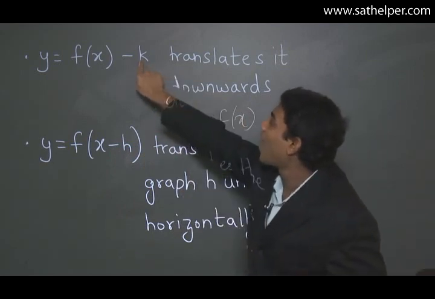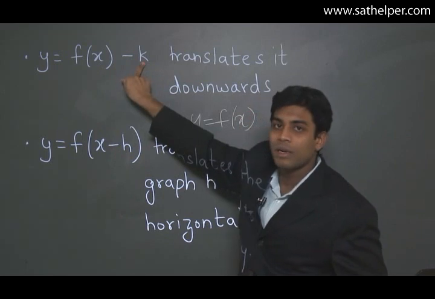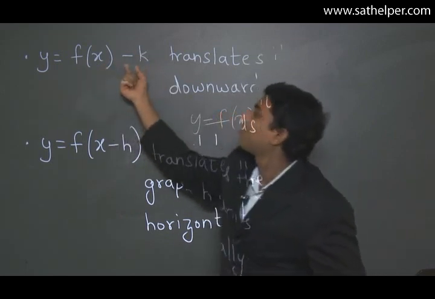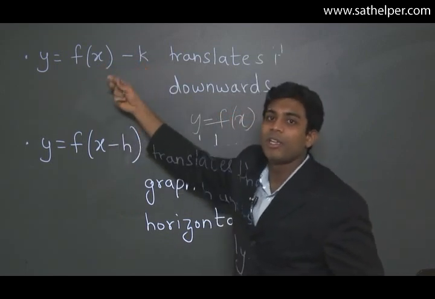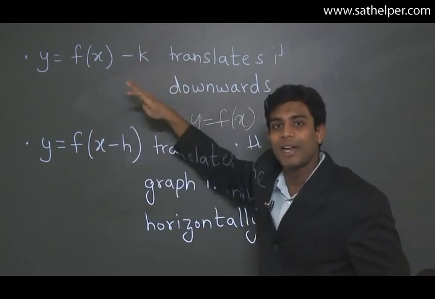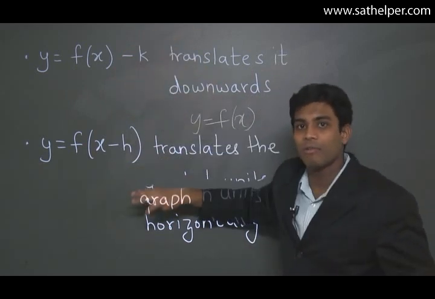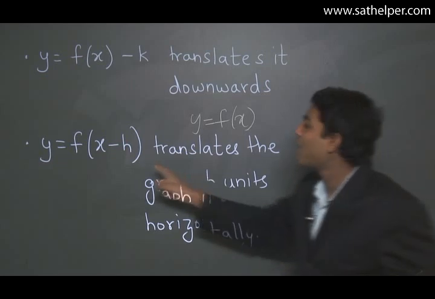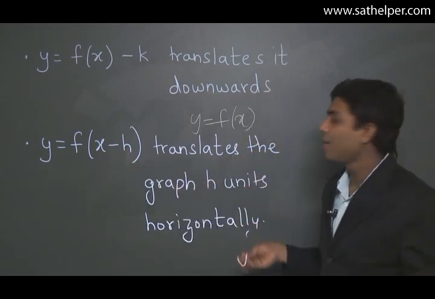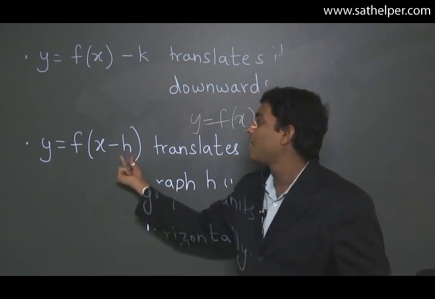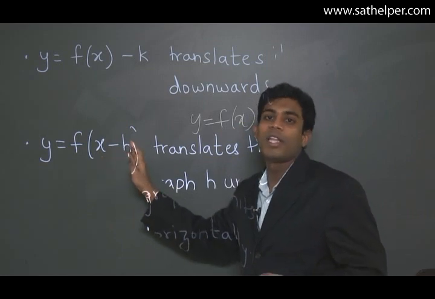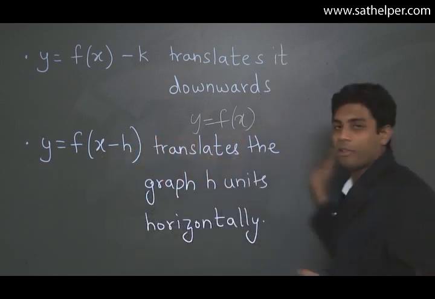Recall that when you add k to the value of the function, the graph translated vertically, right? Vertically upwards or vertically downwards. Now you will see that it translates horizontally.